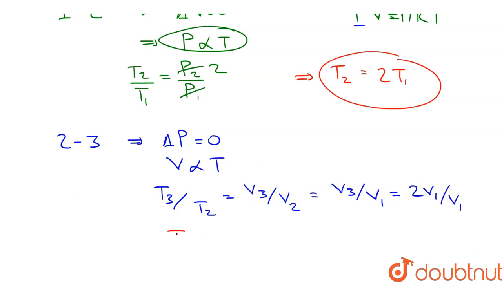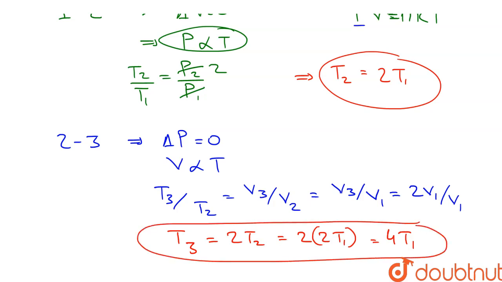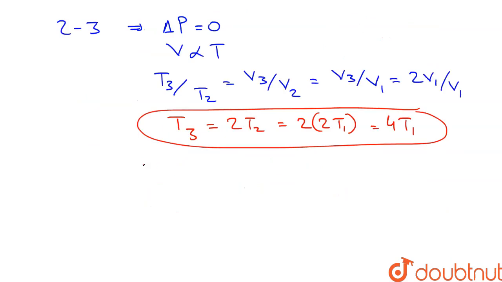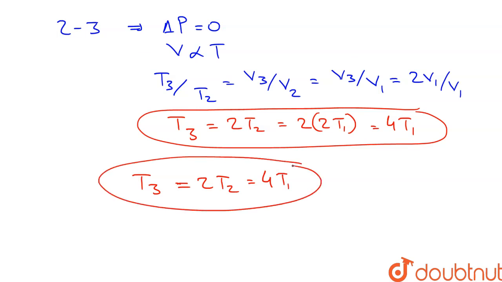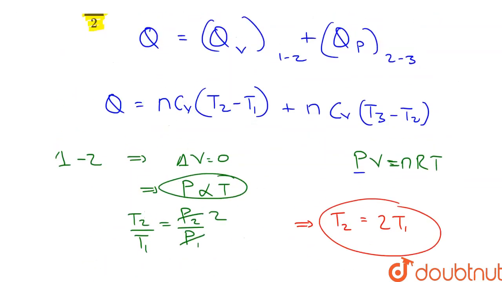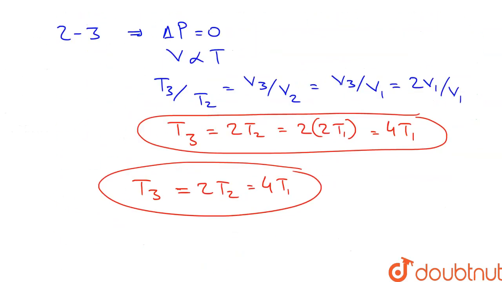Therefore T3 will be equal to twice of T2, and T2 is twice of T1, therefore T3 is equal to 4T1. Therefore we can say that T3 is equal to 2T2, which is equal to 4T1. This is the temperature relationship for the two processes.